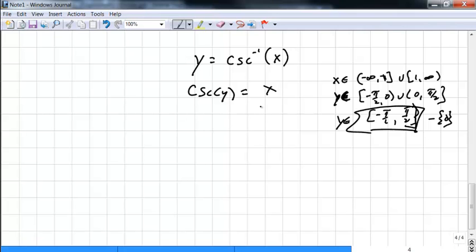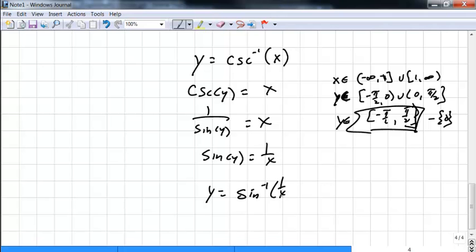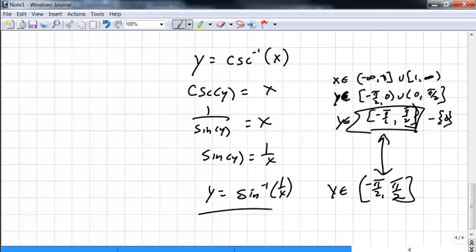Okay. Now, cosecant of y is 1 over sine of y, and so that means sine of y is 1 over x, and y is the inverse sine of 1 over x. Now I have to be a little bit careful. What's the inverse sine of 1 over x? What can we take? What's the output? Well, it's between negative pi over 2 and pi over 2, so everything's okay. These match up, and we're good to go.